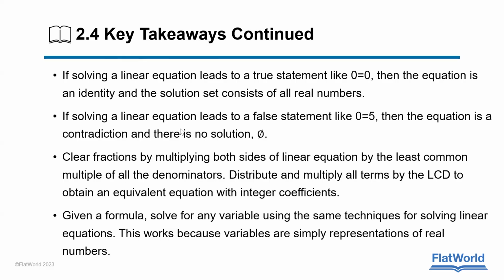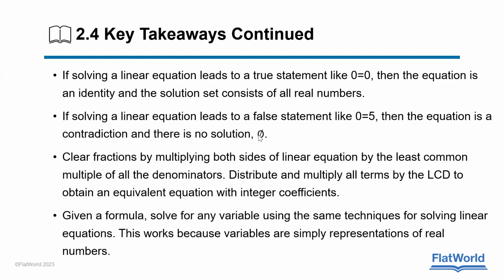And when it's a false statement, it's a contradiction. There's no solution for this problem. x plus 1 could never equal x, because that one is always 1 greater. So in that case, they say it's no solution or the solution set is empty. I don't know if I use that symbol for the empty set, but it's false.